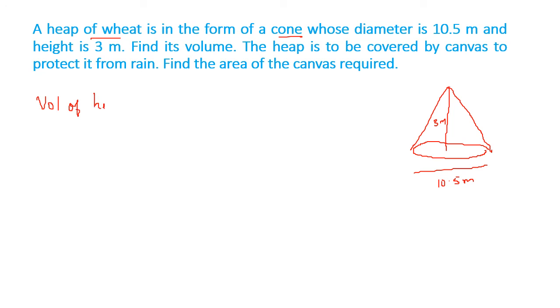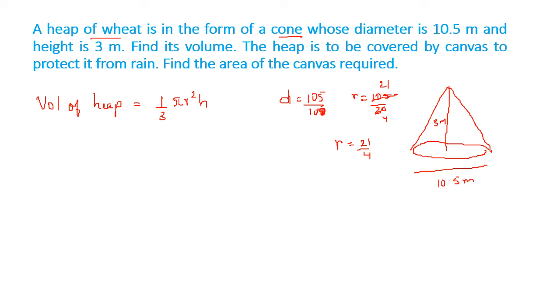Volume of heap is equal to 1 by 3 pi r square h. Now d is given as 10.5, that is 105 upon 10. So radius is 105 upon 20. So 5 4s are 20, 5 21s are 105. So radius is 21 upon 4.